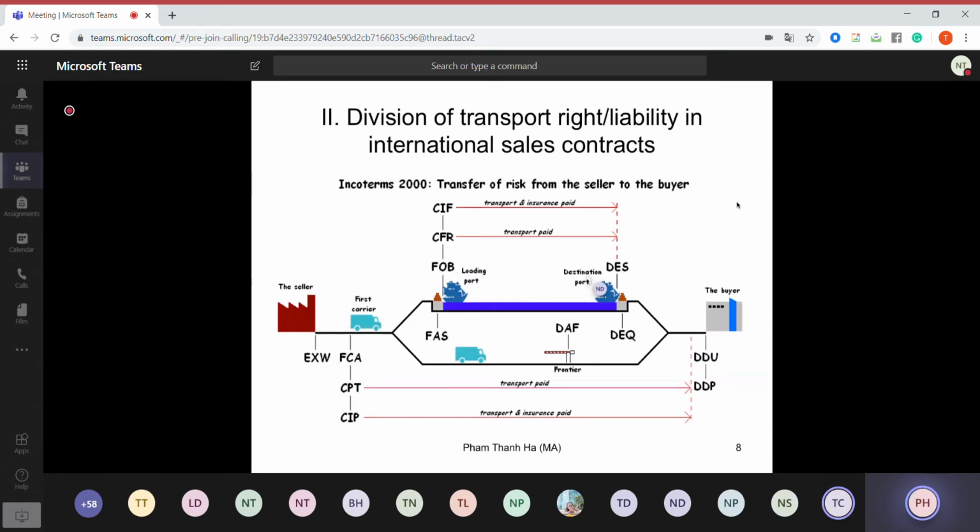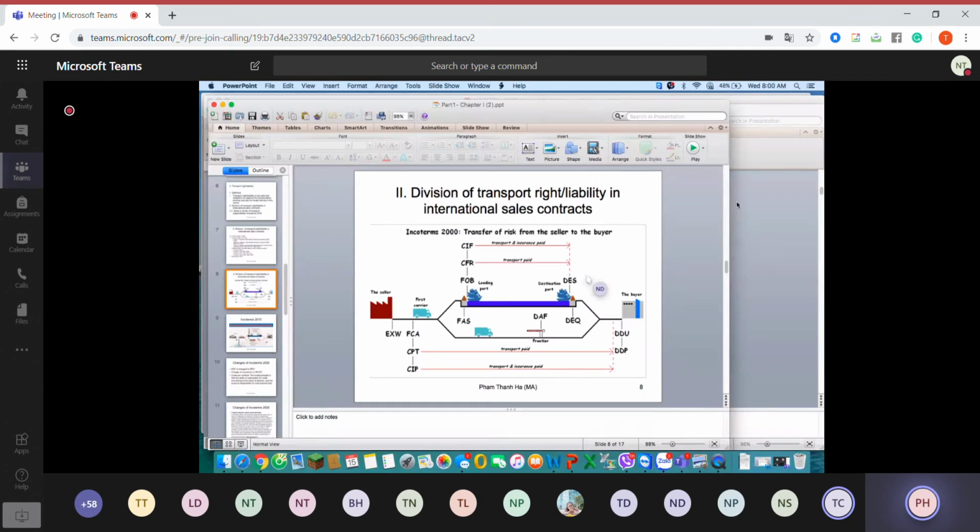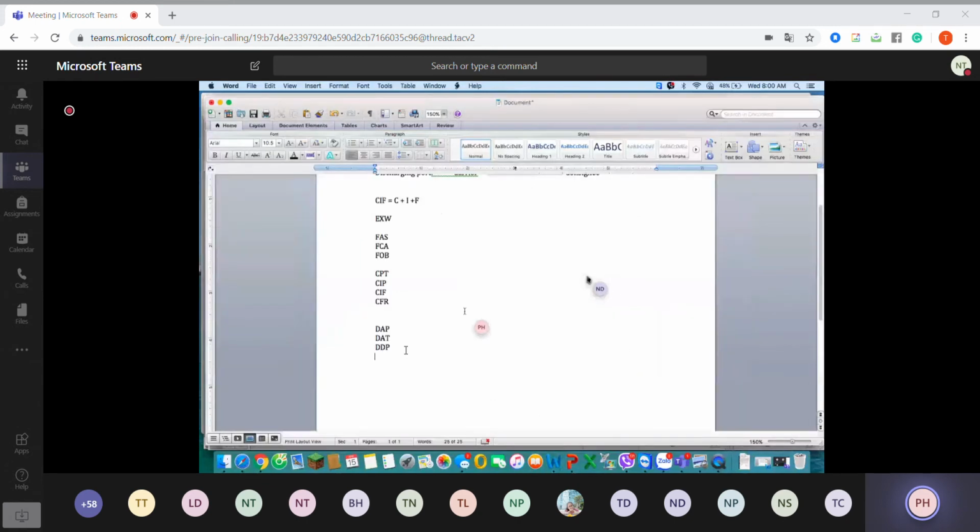So now let's move to the last group, which contains many changes across the three versions of Incoterms. For the last group, according to Incoterms 2010, we have DAP, DAT, and DDP.